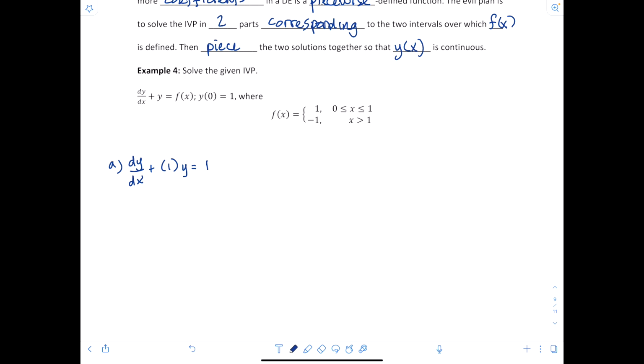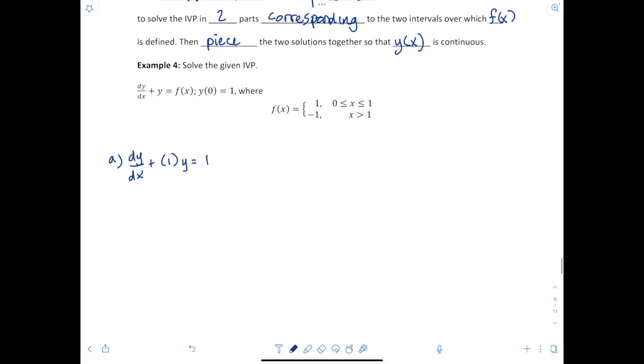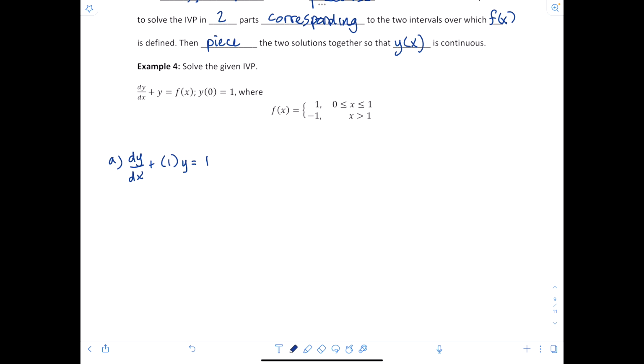We're already given that interval of solution, and so now our f of x for our setup for our integrating factor is just 1. Our p of x is also 1. And so our integrating factor is going to be e to the integral of 1 dx, which is e to the x.